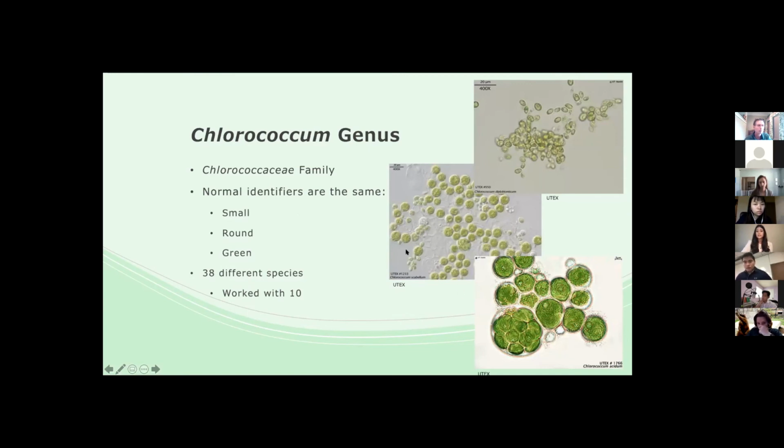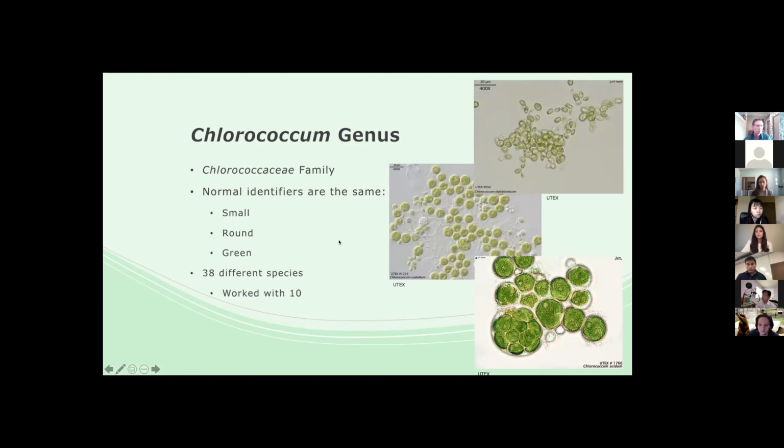From these pictures, all of these have a similar shape, being small and round. You can also see that the Diplobionicum and the Scabellum have a very similar tint of green, as well as being around the same size.